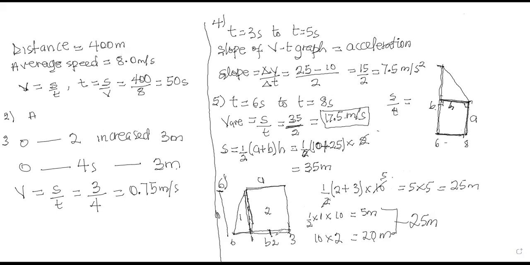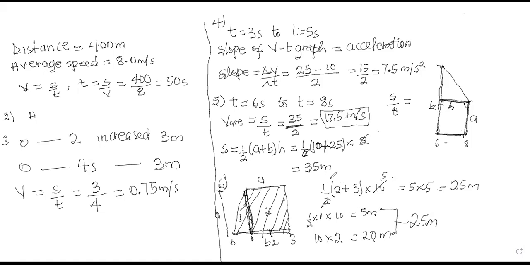These are the first 3 seconds, and the area there is the area of a trapezium. So either you use the area of a trapezium to calculate the total distance, or you divide the area of the trapezium into a triangle and a rectangle. Find the area of the triangle, find the area of the rectangle, and add. Both ways must give you the total distance traveled.